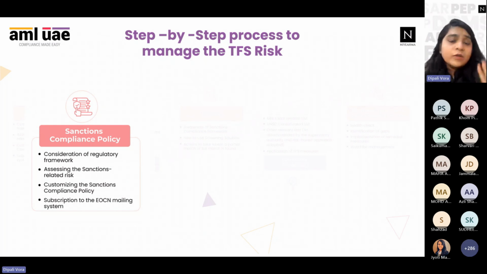There are only two sanction lists which are mandatory, but in specific zones in UAE there are certain other sanction lists that we need to comply with. So we have to make sure that whatever is applicable to us, depending upon under which supervisory authority we come, is mentioned in our sanction compliance policy.